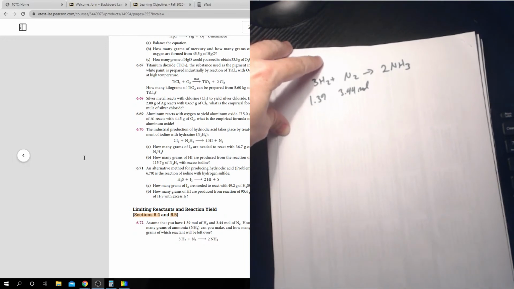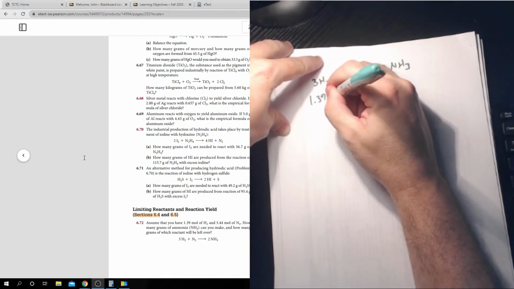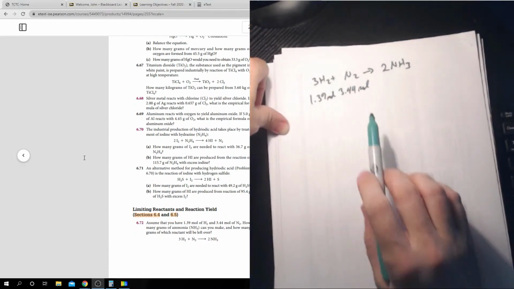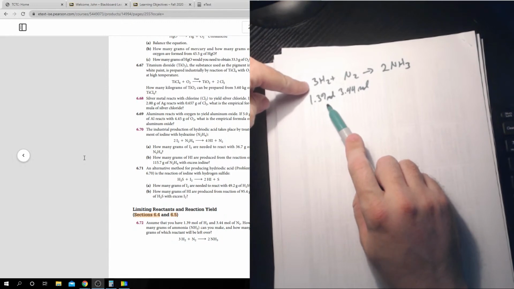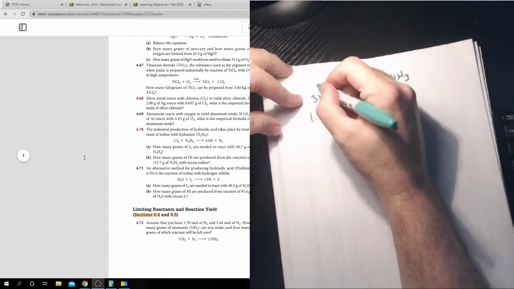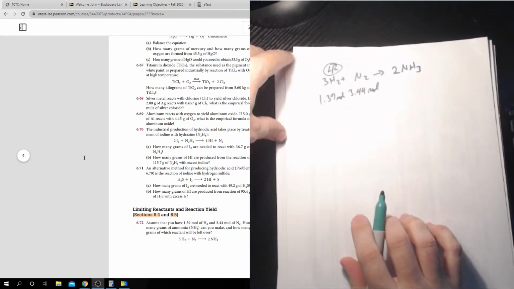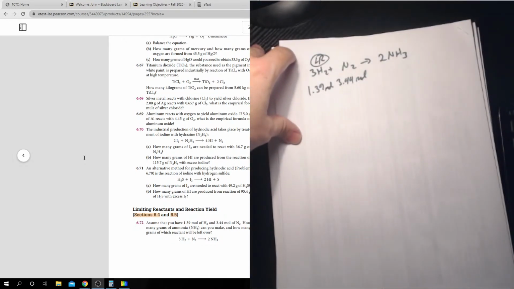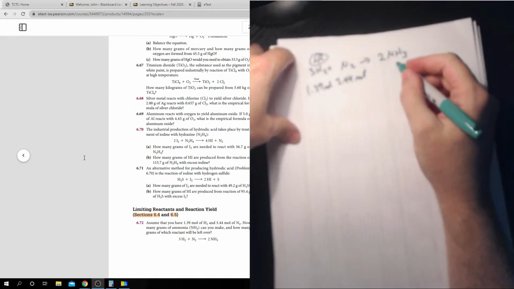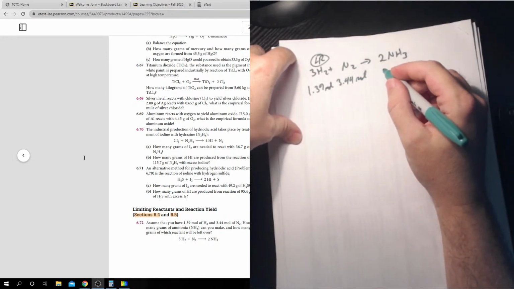All right, so they didn't give it to us in grams, they give it to us in moles, which makes it super easy. It's not just that there's less hydrogen, it's that the hydrogen also gets used up a lot faster, so the hydrogen will definitely run out first. This is our limiting reactant, so that will determine how many moles of ammonia and so on.